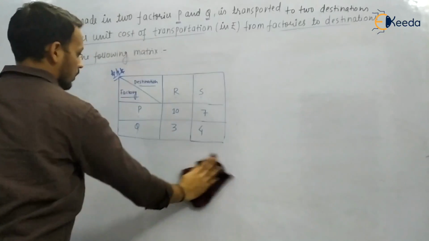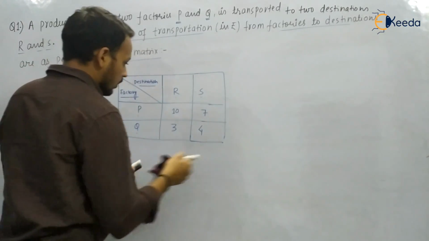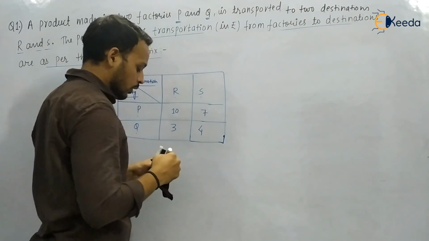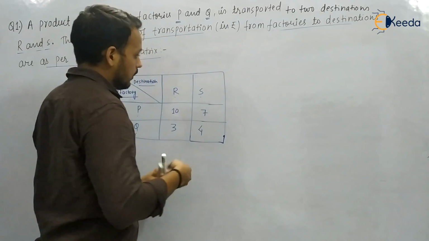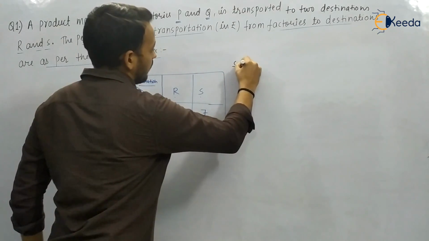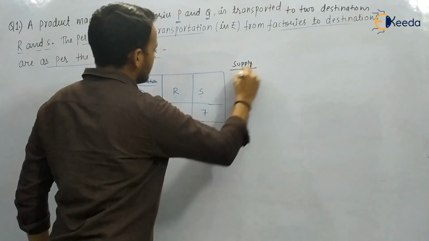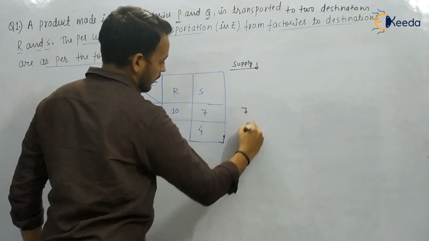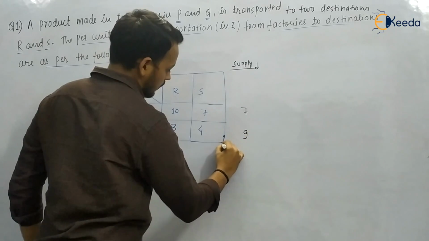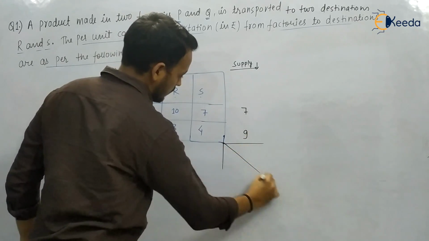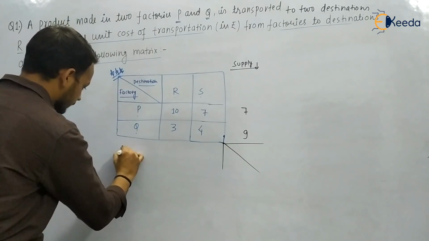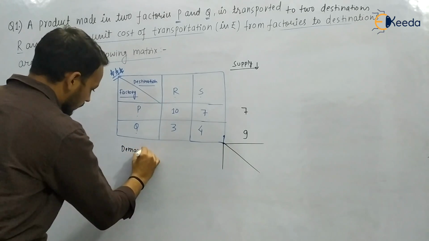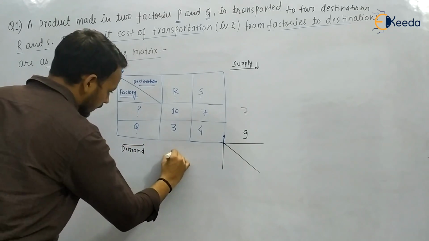First we will apply the northwest corner rule. Before applying that, we have to write the demand and supply. Here we write supply: factory P is supplying 7 units, and here 9. The demand of each destination is 8 units.